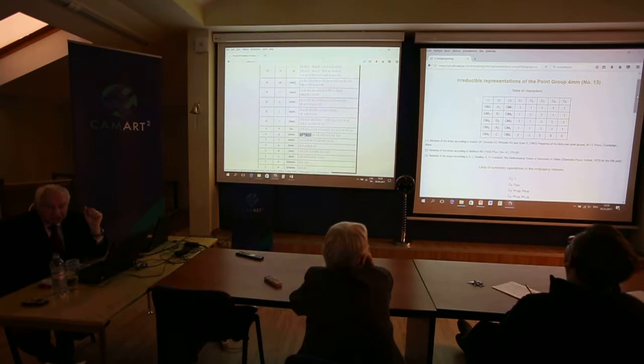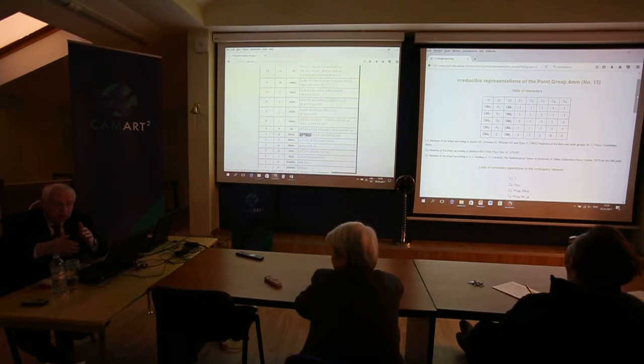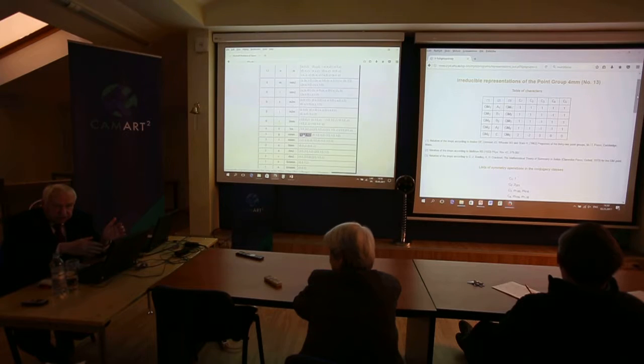What is an irreducible representation of a point group? This is some group of matrices for which the matrix multiplication law is the same as for group elements. For example, if you have the identity element in the group, then the identity matrix has to be in the representation.